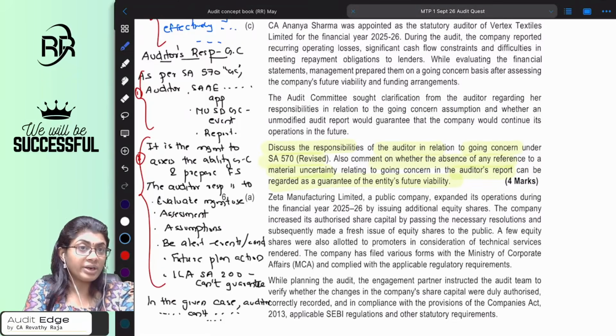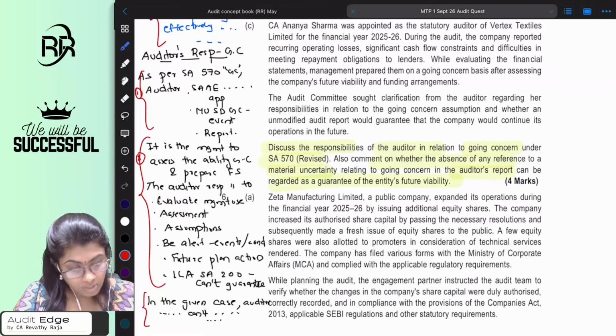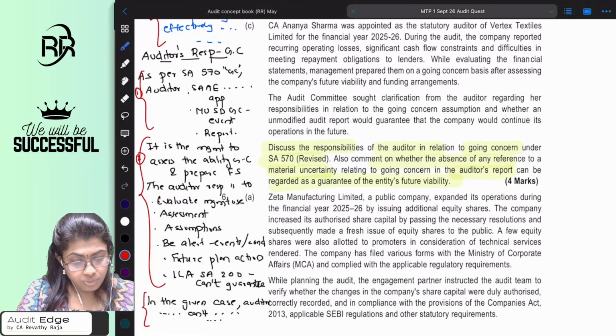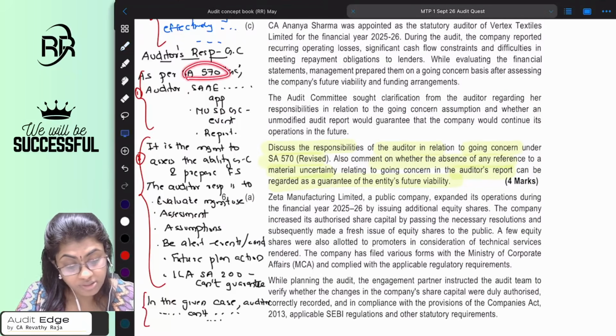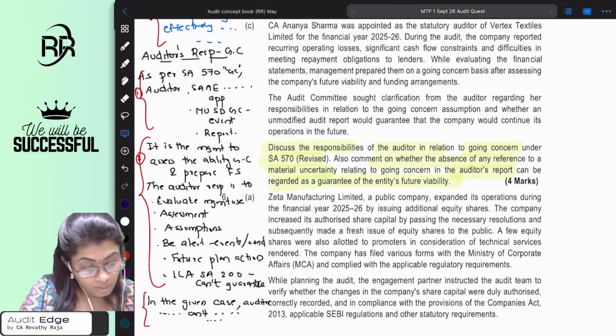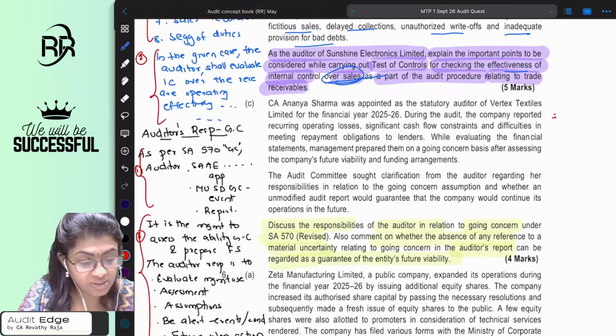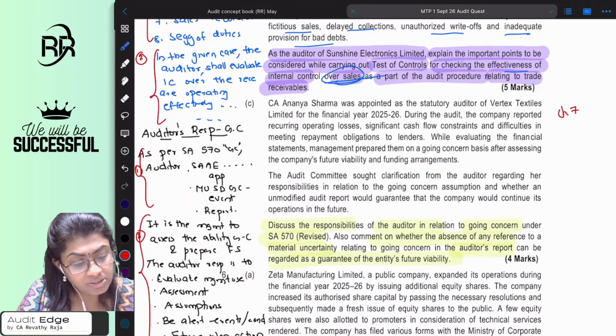That you have to write in the given case and conclude. So here the two SAs referenced are SA 570 as well as SA 200. This question was with respect to SA 570, which is chapter number 7. Yes, SA 570, going concern.